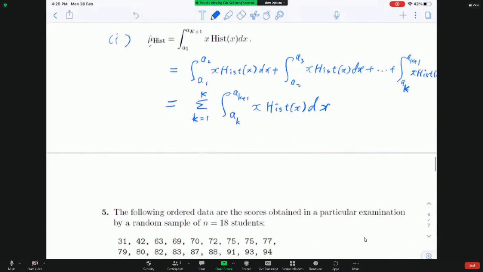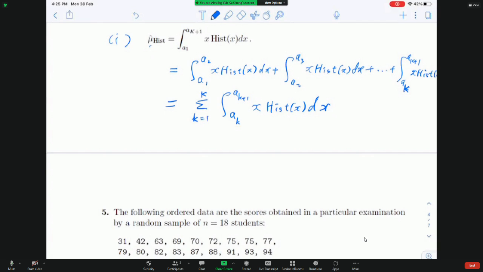So we may write this into this form. Each of these will be a term here, and then we take the sum with the subscript k starting from 1 up to K. Now in this expression, we are talking about those x within this particular class.